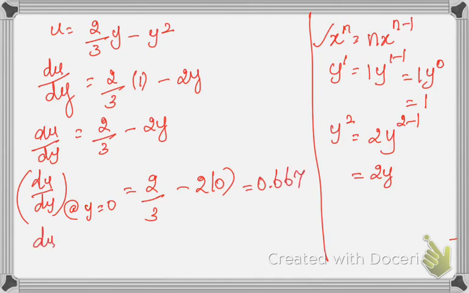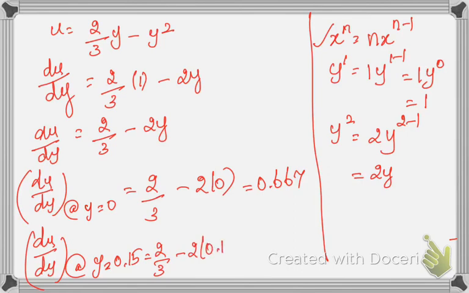And similarly du by dy at y is equal to 0.15, that is 2 by 3 minus 2 into 0.15, which is equal to 0.367. So I have got the value of du by dy and I know the value of mu.